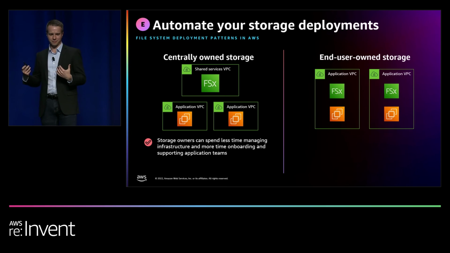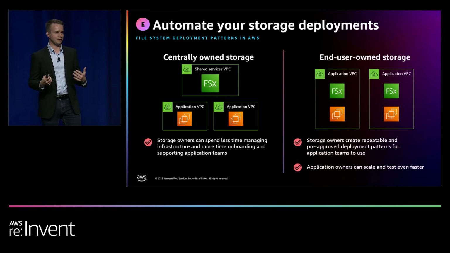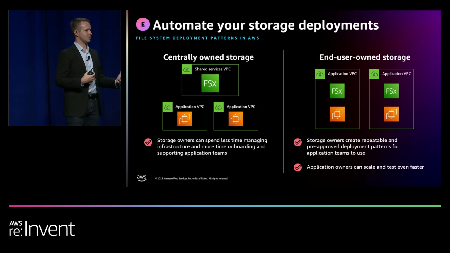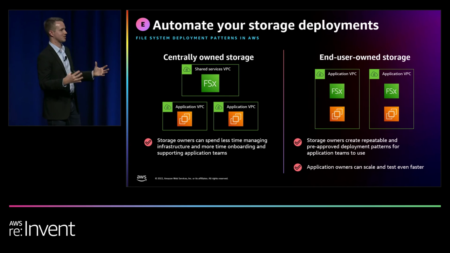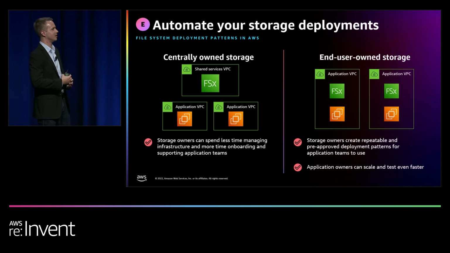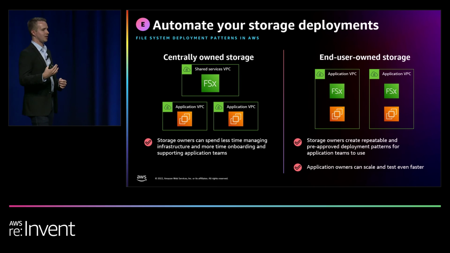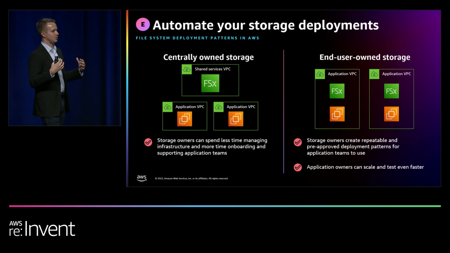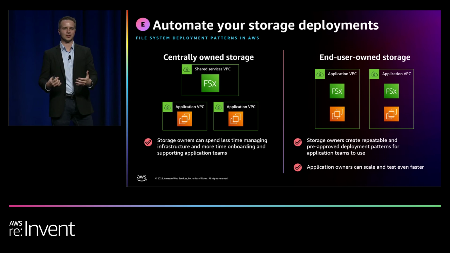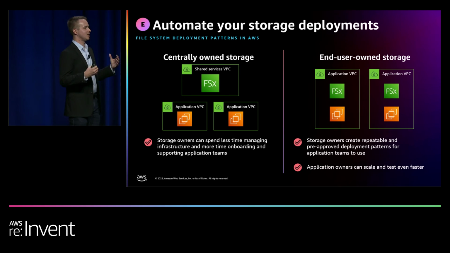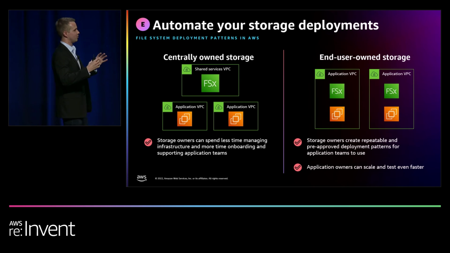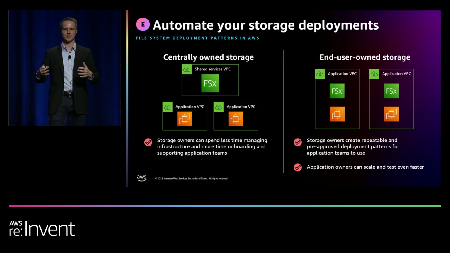And this is made possible by the fact that with certain organizations, storage owners, rather than taking on the role of managing file system infrastructure, managing disks, managing the hardware, in the cloud model, they can instead use that time to think through how they can build repeatable deployment patterns, pre-approved templates, safe, compliance-meeting ways of deploying storage in their organization.